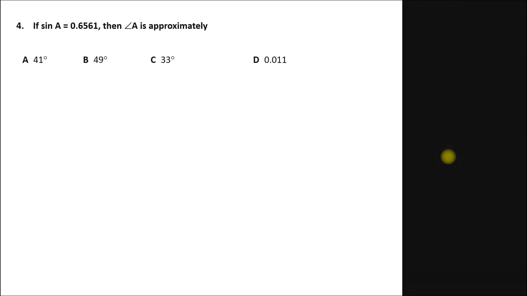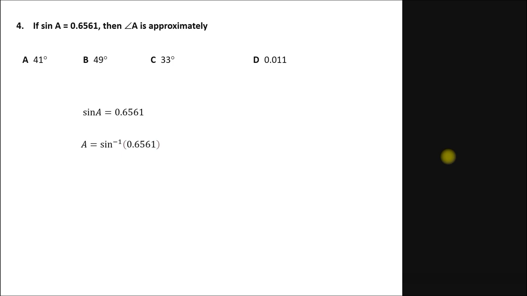If sine A equals 0.6561, then the angle A is approximately one of the following. So if the sine of A equals 0.6561, then A by itself equals the inverse sine of 0.6561.